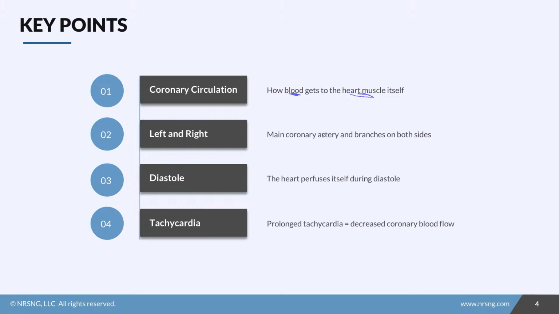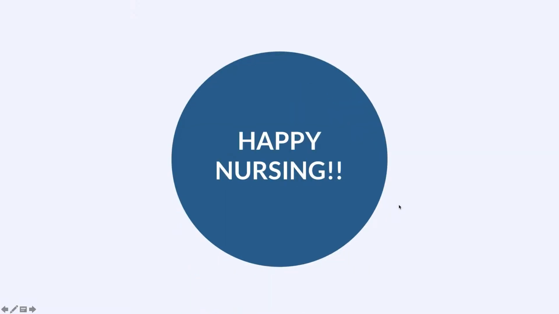The heart perfuses the body during systole, but it perfuses the heart during diastole. Now, lastly, prolonged tachycardia can lead to decreased coronary perfusion and even myocardial infarction. So I hope you guys learned something today about coronary circulation and what that means and how it works.